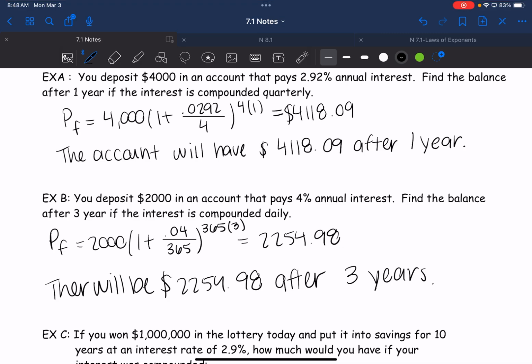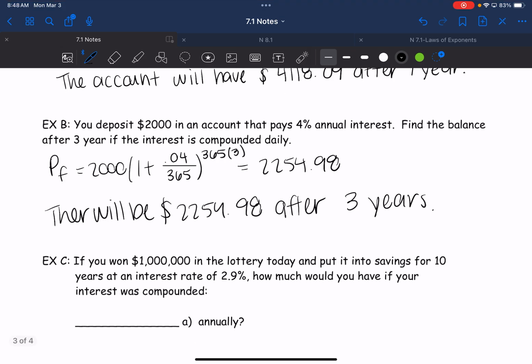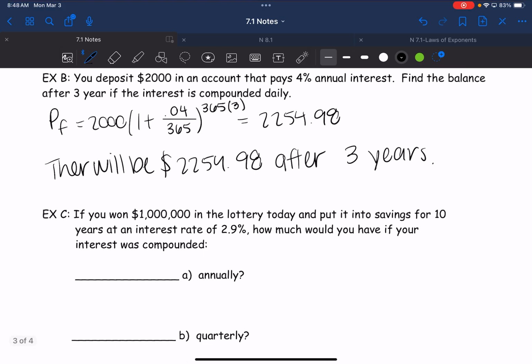All right. On example C, it says if you won $1 million in the lottery today and put it into savings for 10 years at an interest rate of 2.9%, how much would you have if your interest was compounded over these different time periods. So first is if we were compounded annually.